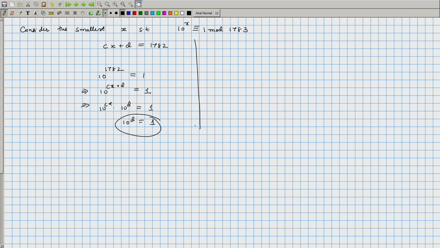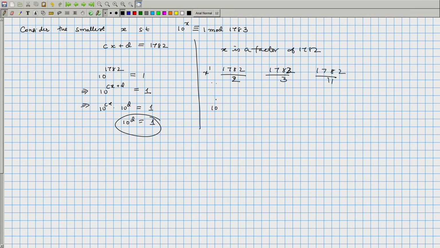So, look at all the factors of 1782. 3 of those factors were 1782 by 2, 1782 by 3 and 1782 by 11. Let us call these x primes.